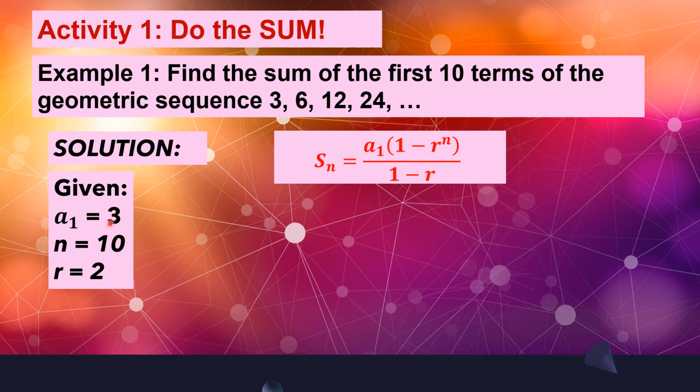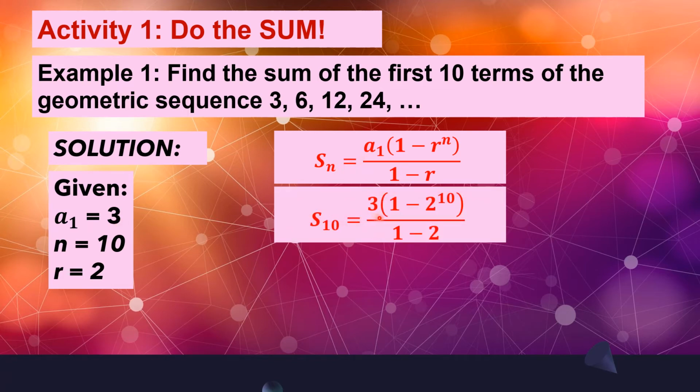So our a sub 1 is 3 times the quantity 1 minus r, our r is 2, raised to n, where n now is 10, all over 1 minus our r is 2. And n here is the number of terms, so we have now 10. So we are finding the sum of 10 terms.